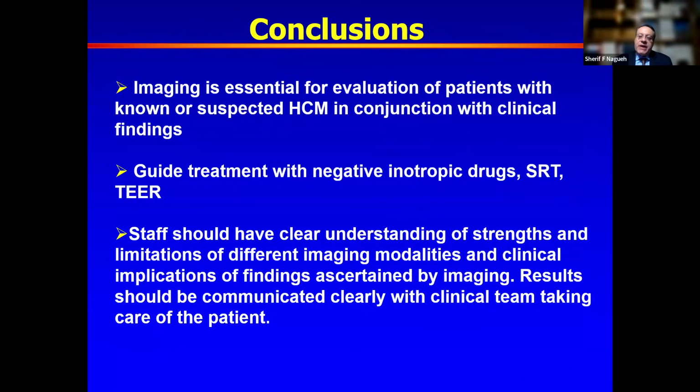The staff in the imaging labs should have a clear understanding of the strengths and limitations of the different imaging modalities and the clinical implications of findings ascertained by imaging. Equally important, these results should be communicated clearly in the report to the clinical team taking care of the patient, so their requests or what they need is satisfactorily addressed in the report.